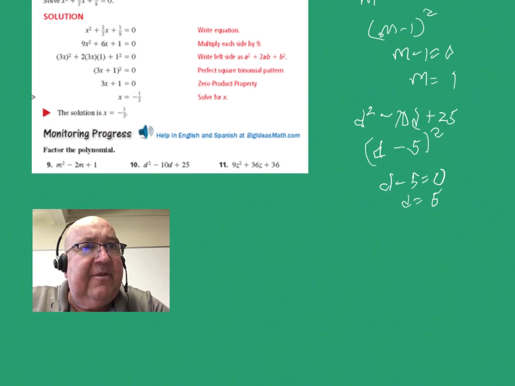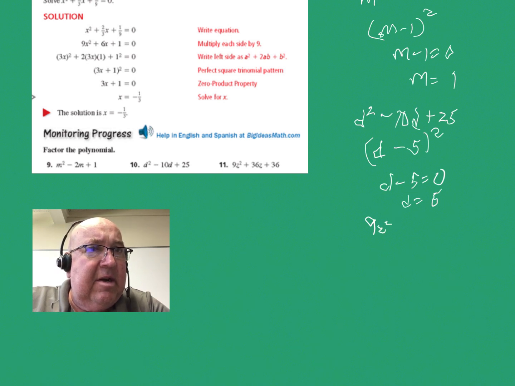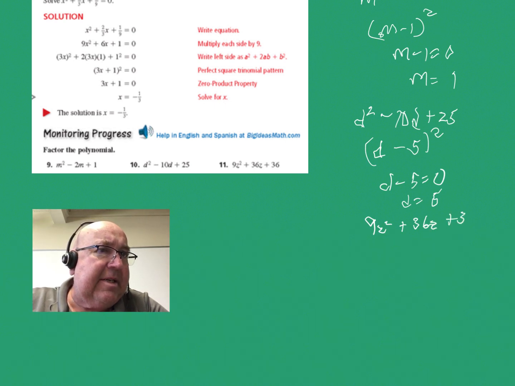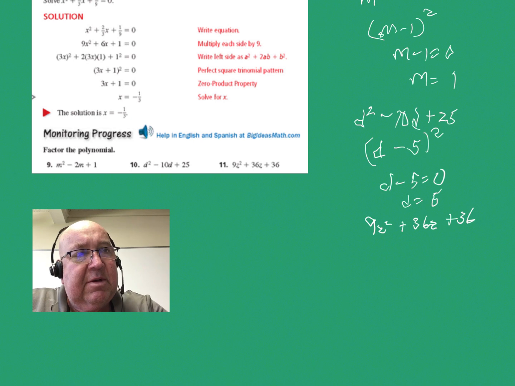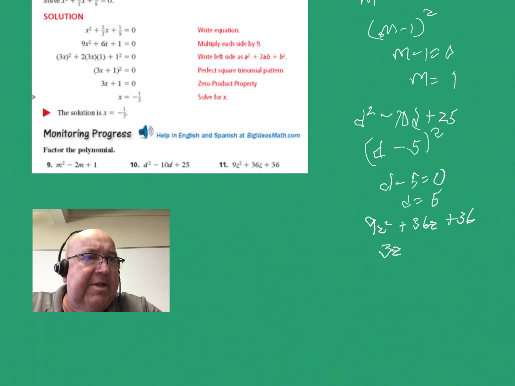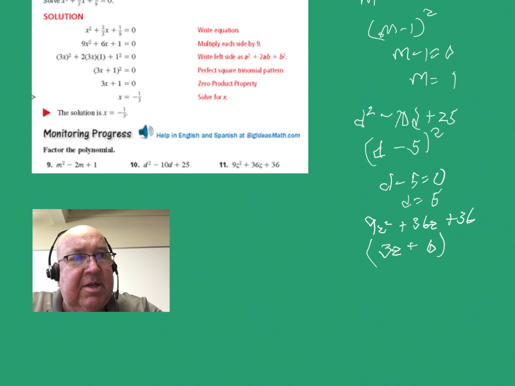And now we have 9z squared plus 36z plus 36. So now the square root of 9 is 3z, and the square root of 36 is 6, and it's plus because there's a plus in the middle.